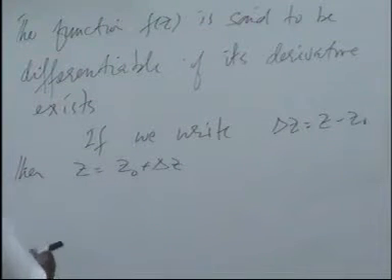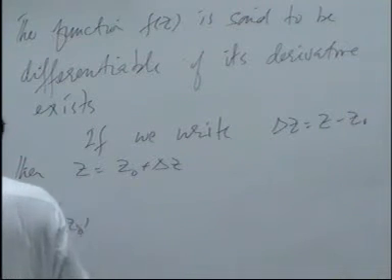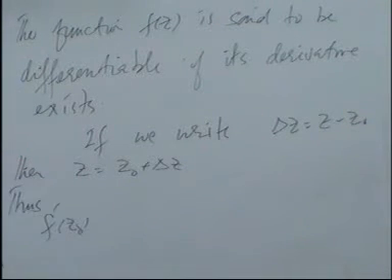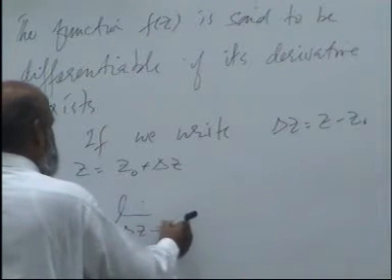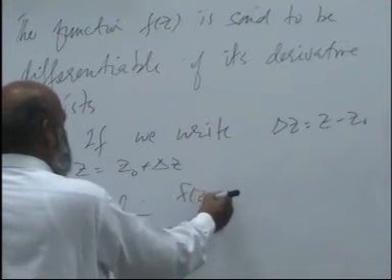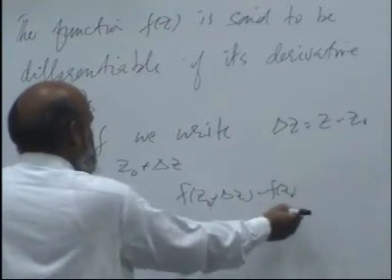Thus, another way of writing the derivative is the limit as delta z tends to 0 of f of z naught plus delta z minus f of z naught over delta z.